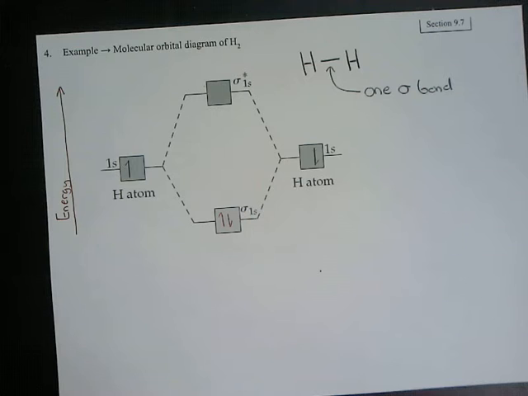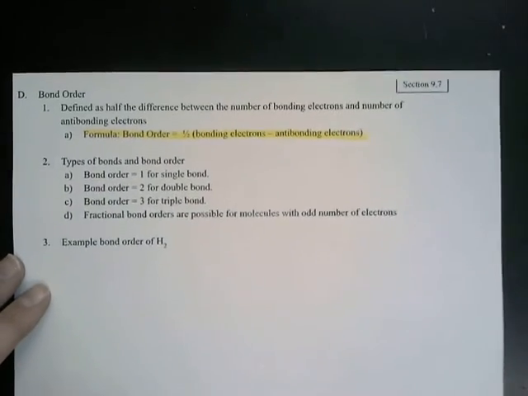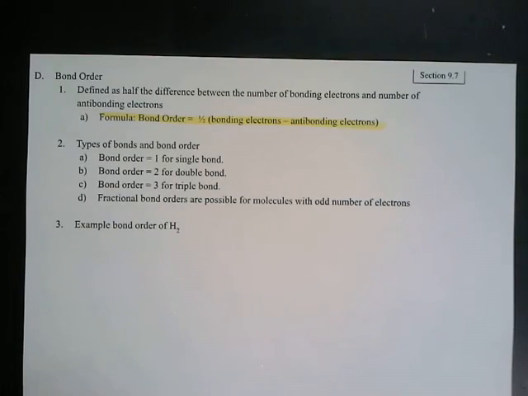Now, we're going to get a little bit more into detail with this, and that's talking about our bond order. A bond order is defined as half the difference between the number of bonding electrons and the number of antibonding electrons. We can apply this formula.